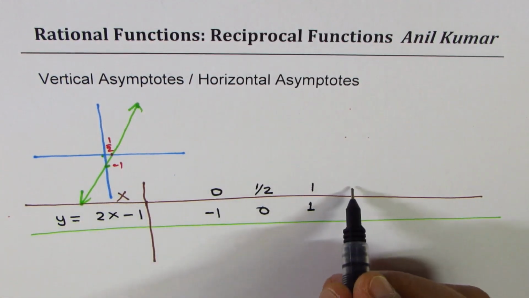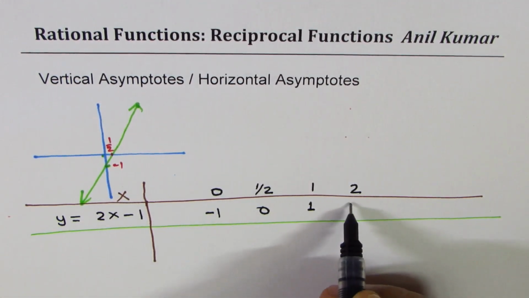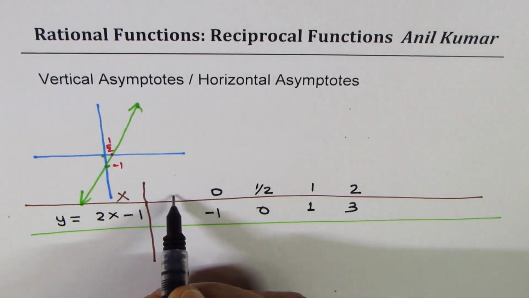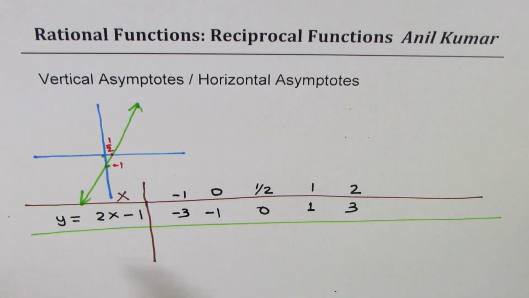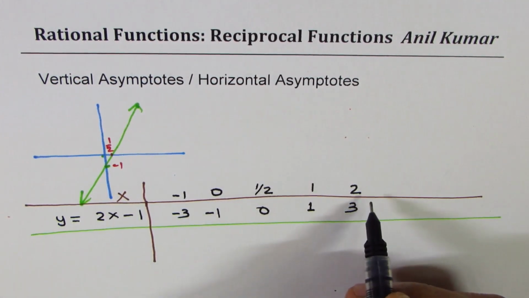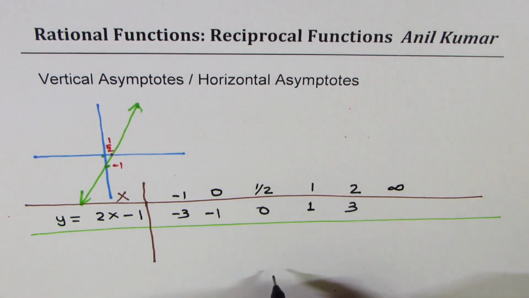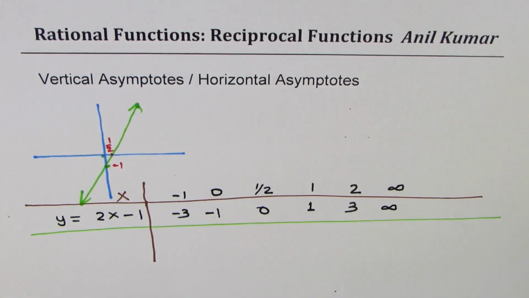For x equals 2, we have 4 minus 1, which is 3. For the negative values, if I take minus 1, it gives me minus 3, so that becomes negative. Now, if the x value is very large, approaching infinity, then this value also approaches infinity, right?